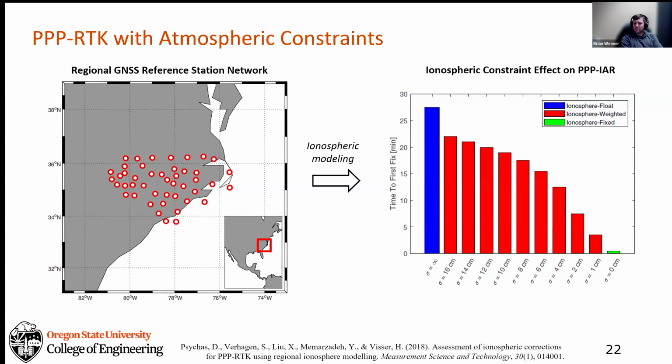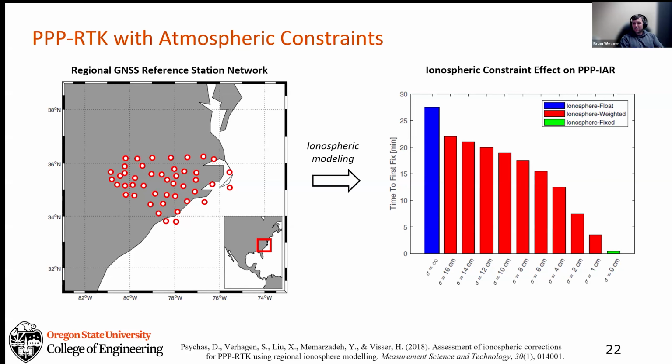So this study, which feels fairly recent to me, but I guess it's more than several years old now, evaluated the North Carolina GNSS reference station network, something more recognizable as a real-time network than an RTN, but extracted ionospheric information for the PPP-RTK user in order to constrain different precision levels for the ionospheric information at the PPP-RTK user end.